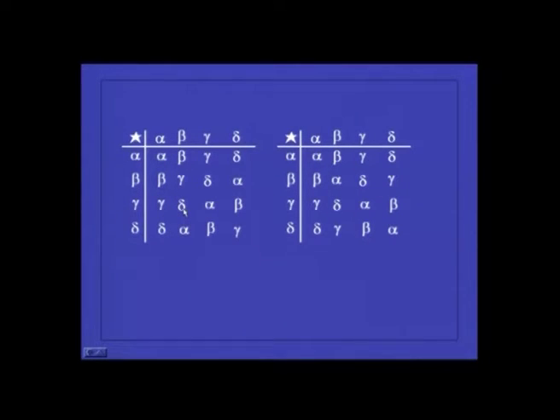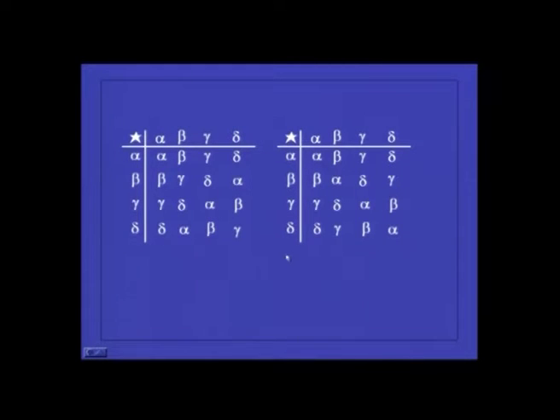That is beta cubed into beta, beta cubed is delta, so delta into beta will be alpha. So, from beta you are able to get all the elements: beta is beta, beta squared is gamma, beta cubed is delta, beta power 4 is alpha. So, beta is a generator for this group. This is an example of a cyclic group, and you can very easily see that it is also commutative.